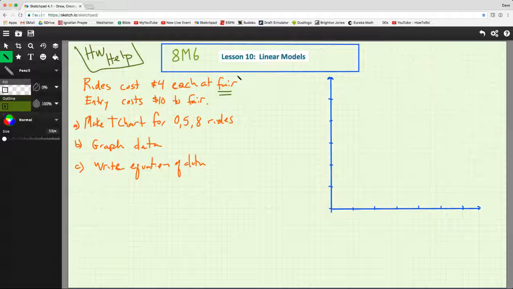So it's $4 per ride. And this per thing, that's a code word. What does that mean? So we're going to make a T-chart for 0, 5, and 8 rides. You're going to graph the data over here, and then you're going to write the equation of the data.